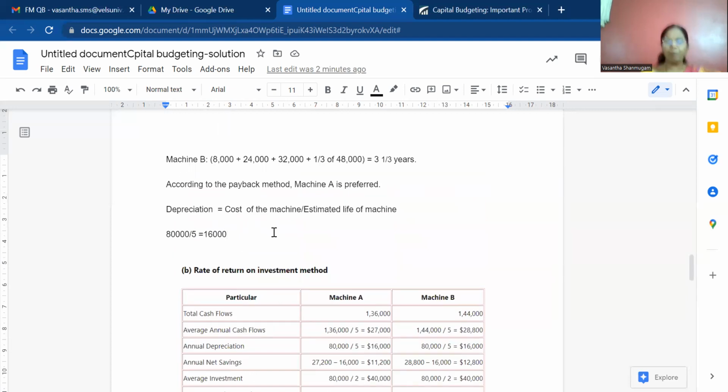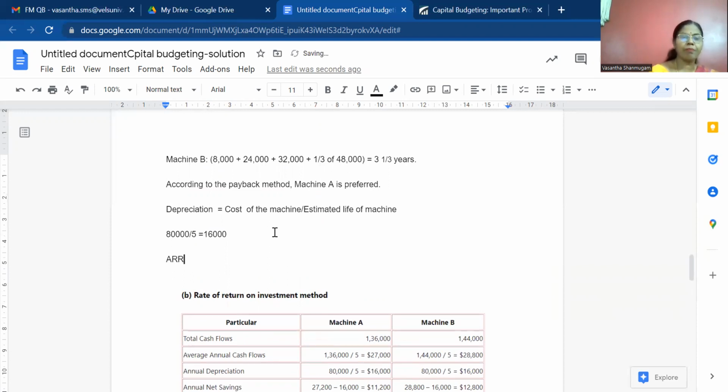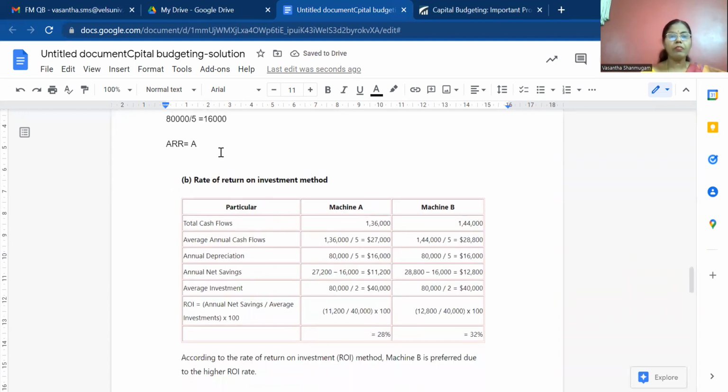The formula is: average annual earnings divided by average investment, into 100. This is the formula.